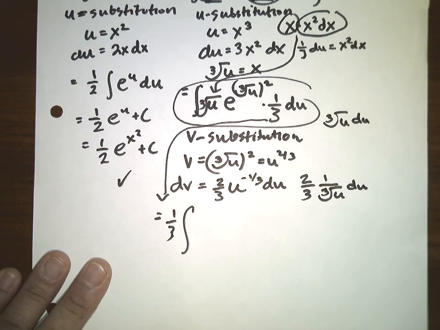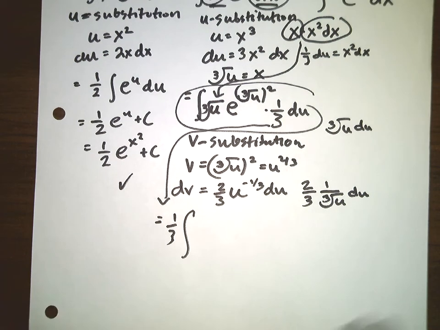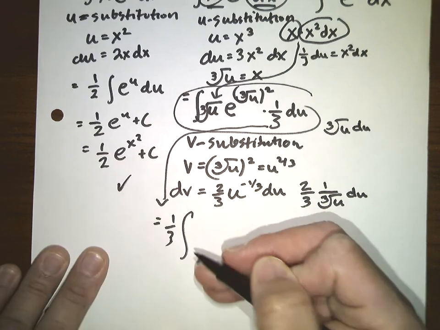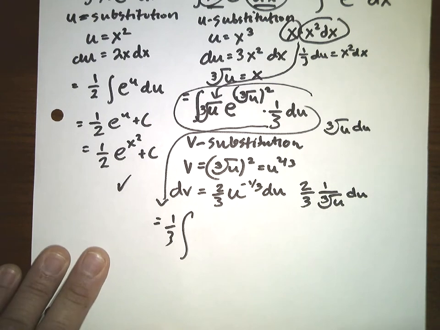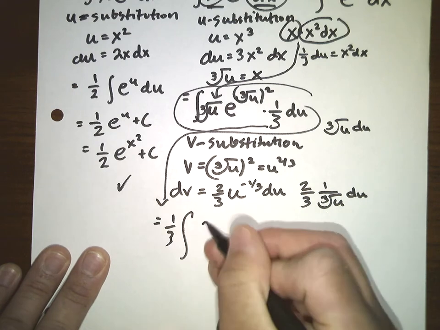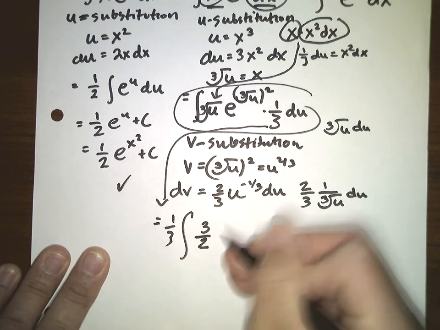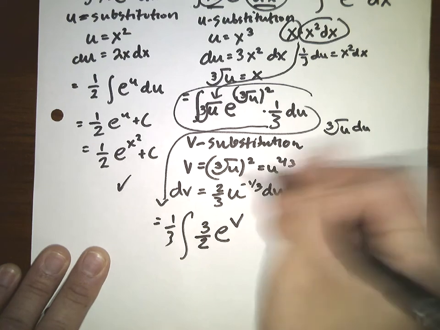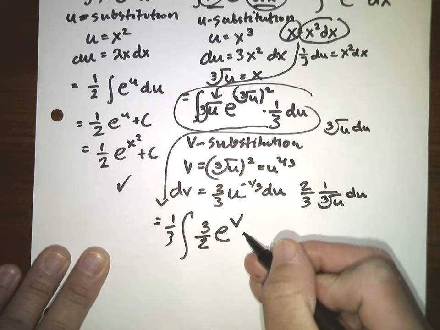So what do I need to do to make it so that this is exactly what I wanted it to be? Well, I have to multiply by the 3/2, right? So 3/2. Then we have e to the v power, because that was the exponent here.